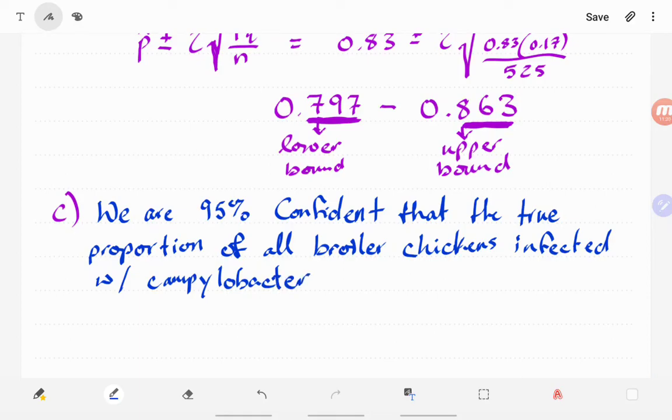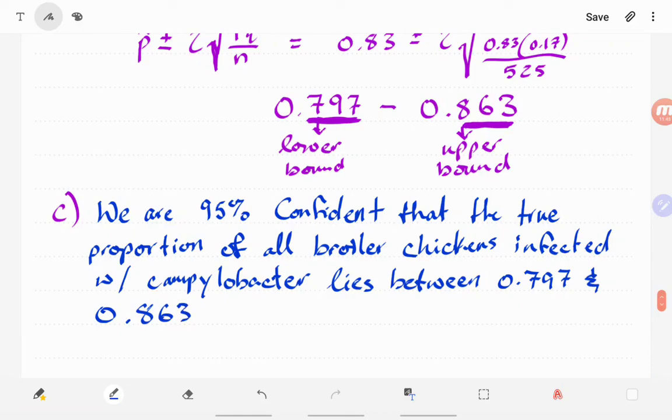The Campylobacter lies between 0.797 and 0.863. We are 95% confident that the true proportion of all broiler chickens infected with Campylobacter, whatever this bacteria is, lies between 0.797 and 0.863.